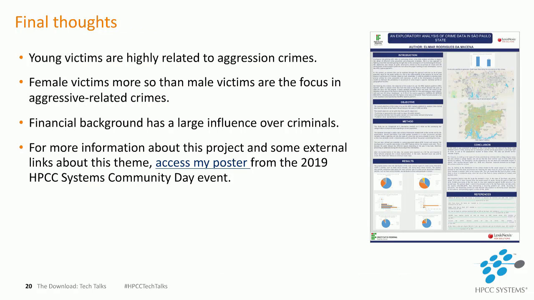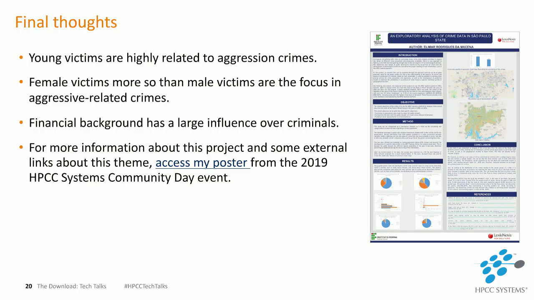And about the points that I made, here I have the final thoughts about this study. Young persons are the most common victims related to aggression crimes. Also, we have battery related to the young, and we have sexual assault related to children, which is bigger than sexual assault against adults.